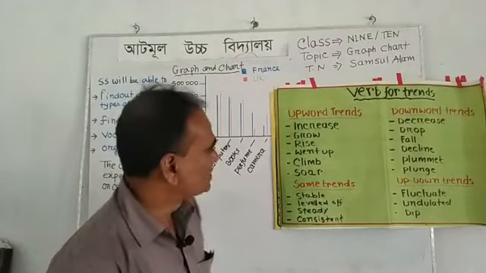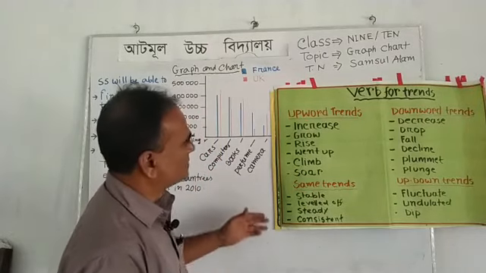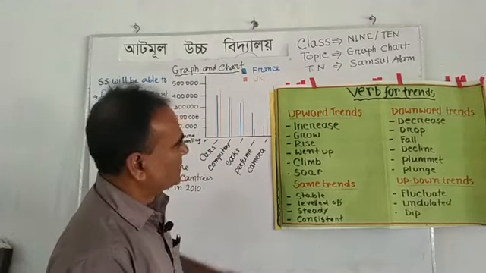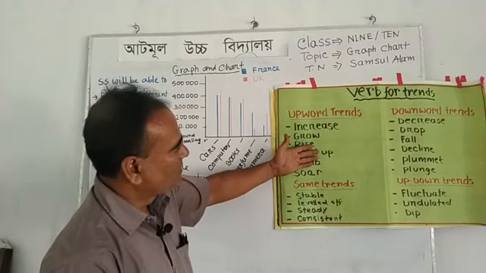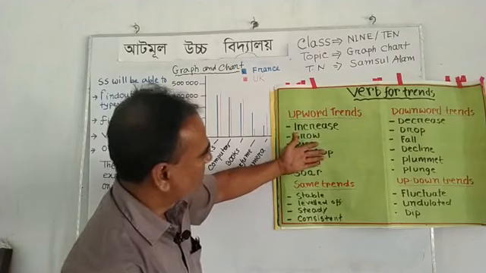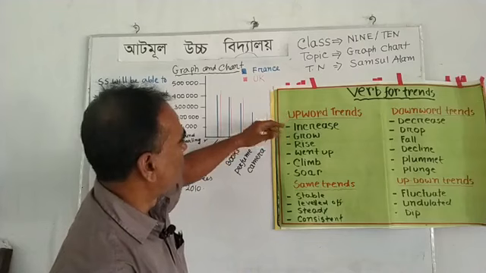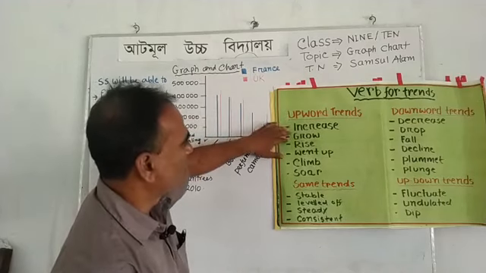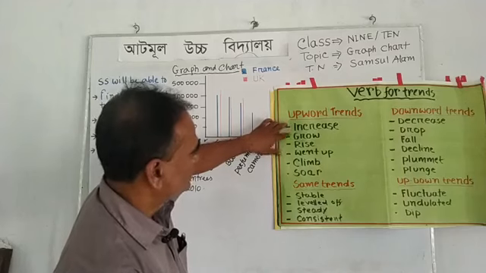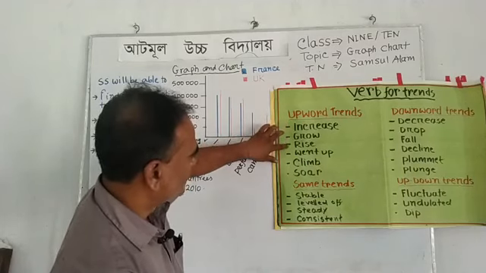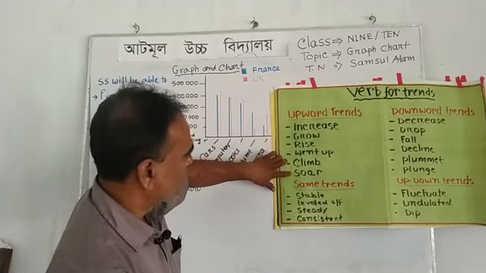So next, we need some vocabulary to write about a bar chart or graph. Here are some words for you, and all these words are verbs. Upward trends: if the trend is upward, then we will use these verbs. First ones are increase, grow, rise, go up, climb, soar.